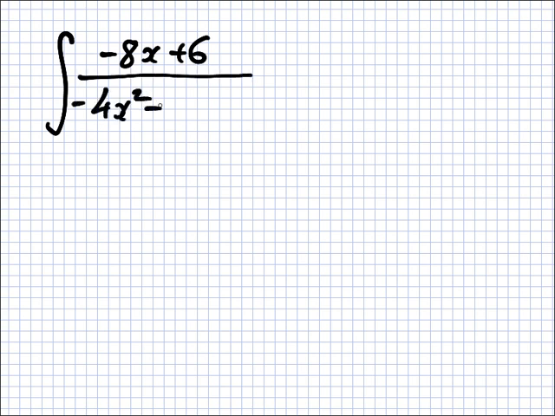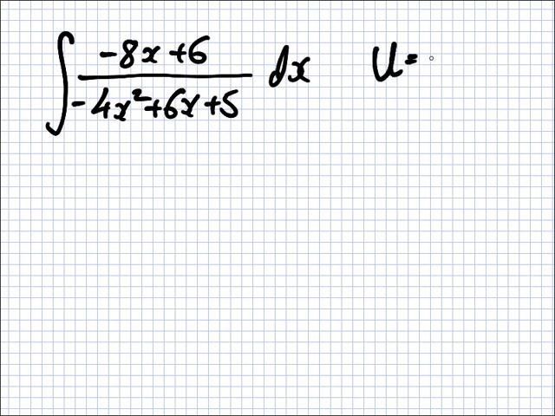We're going to look at 4 examples, 4 types of problems for the exam, starting with the easiest one. So the first one is, how would you integrate something that's a linear, like minus 8x plus 6, over a quadratic, minus 4x squared plus 6x plus 5 dx. Now the good news is, it's the first one and it's the easiest one, and the substitution is what you would guess.